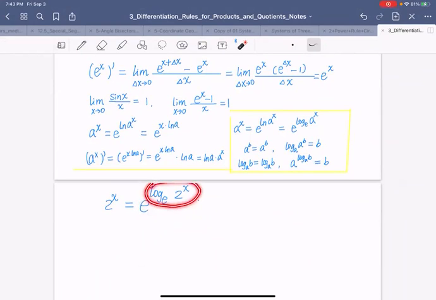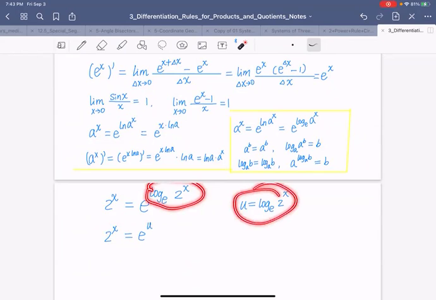Let me replace this whole thing, okay? I call u equals to this. So 2 to the power x equals e to the power of u. I want to prove this equal, okay? Look, u equals this whole thing, right?